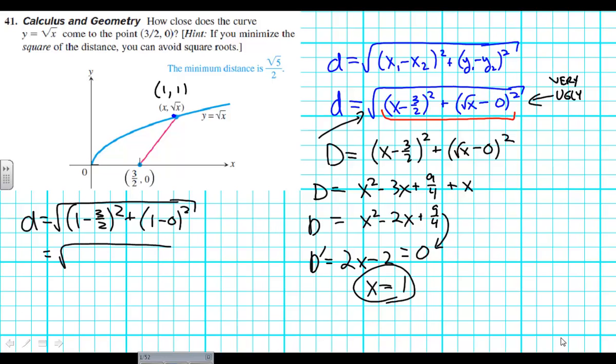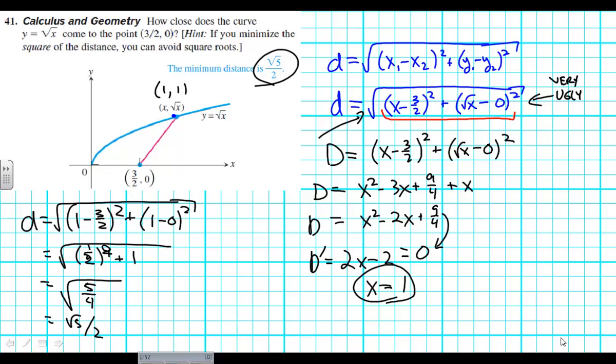Or the distance is the square root of (1/2) squared plus 1 squared, or we get the square root of 5/4. Or maybe that's the square root of 5 divided by 2. Oh, and there's the answer, square root of 5 divided by 2.